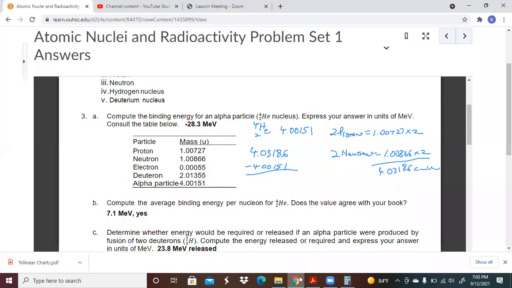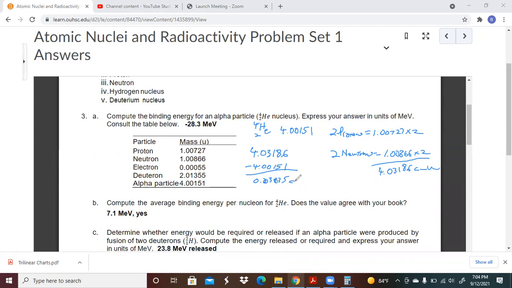Okay. Right, because I don't have this activated. There we go. Okay.